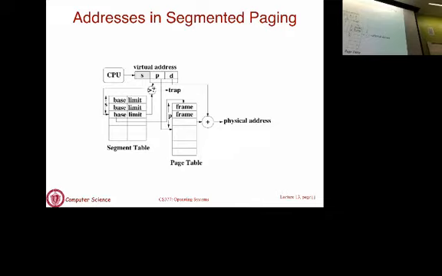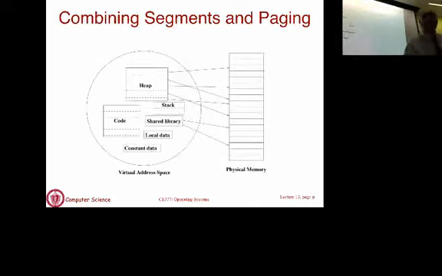That's the address, it has three parts. So you have the segment number, which is the first part. Once you have figured out the segment number, you have an offset within the segment, and the offset is specified as a page number and an offset within the page, because each segment is paged. If you look at the previous picture here, each of these segments is paged. So you will say segment 1, which may be the heap.